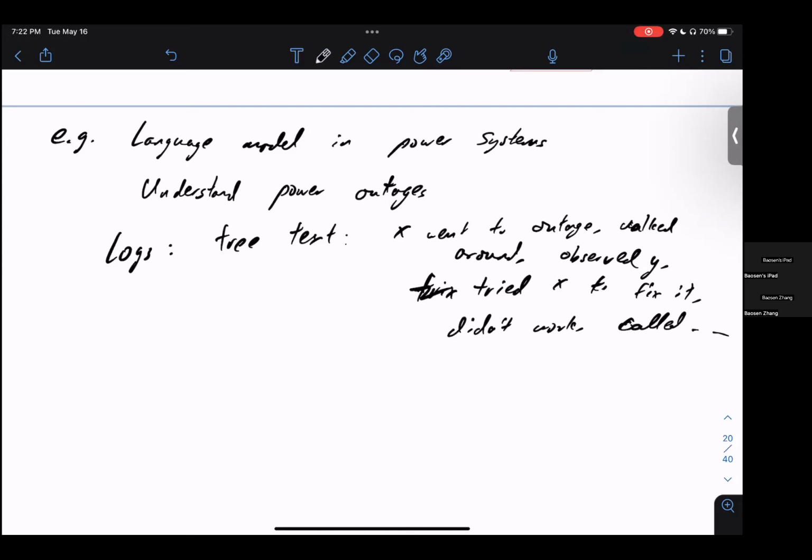It's impractical for a human to read through them, because it's hard to tell the human what you want them to do when they read this kind of language. Somebody wrote this, a human can read it, but it's hard to extract information.